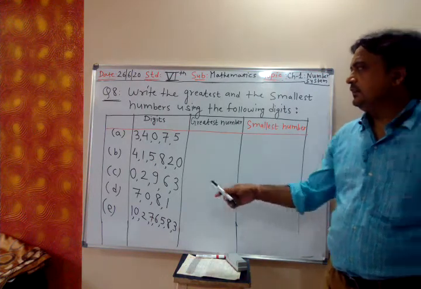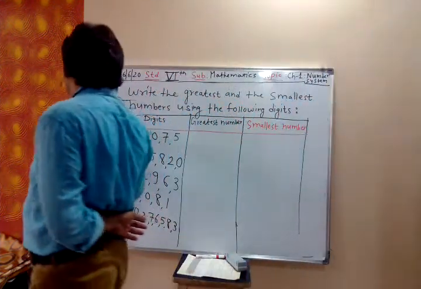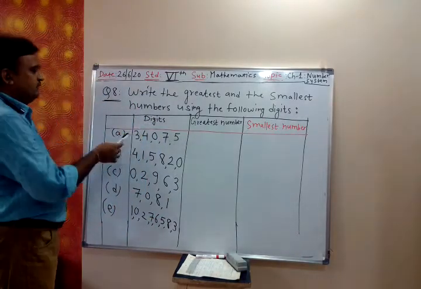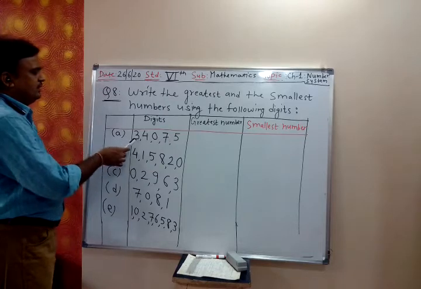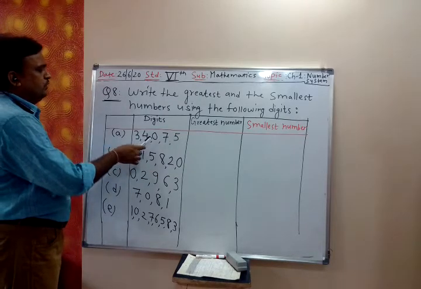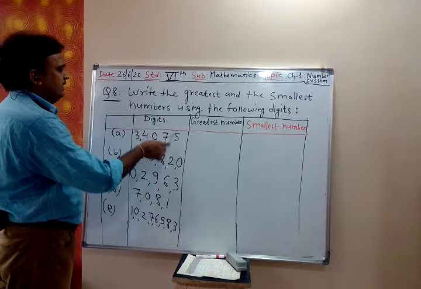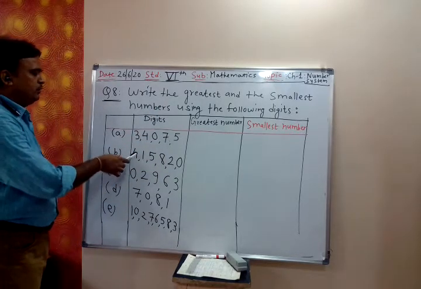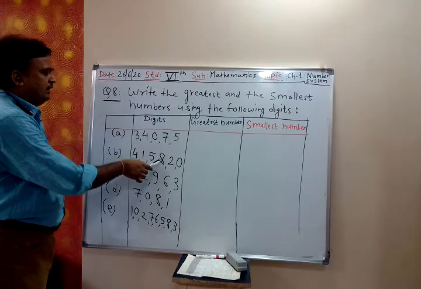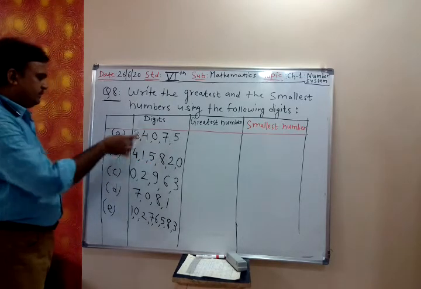We are given this table of digits. A is 3, 4, 0, 7, 5. Question B: the digits are 4, 1, 5, 8, 2, 0.